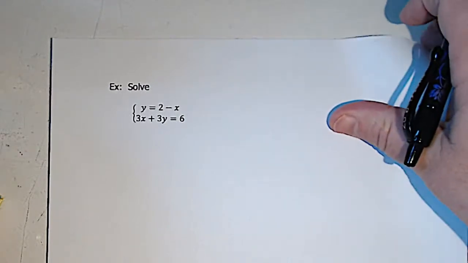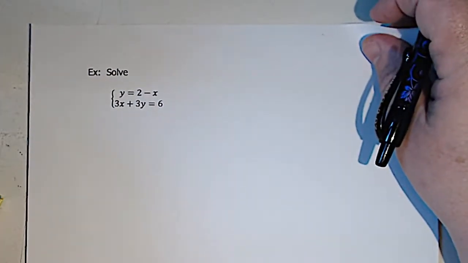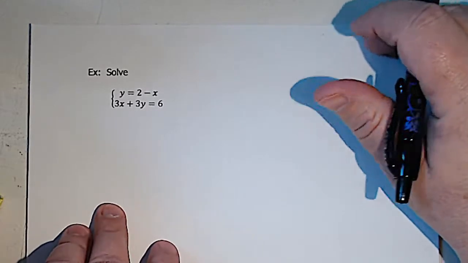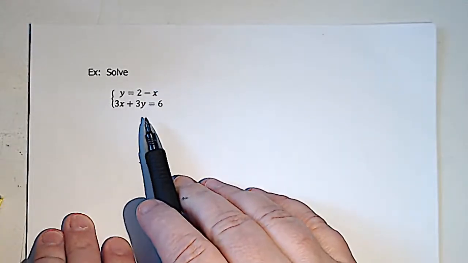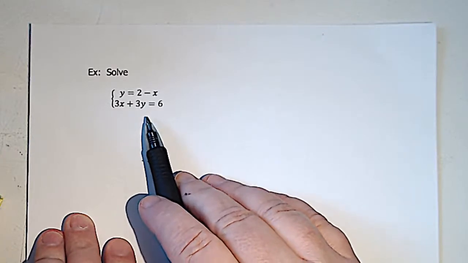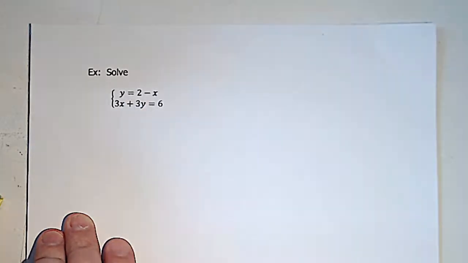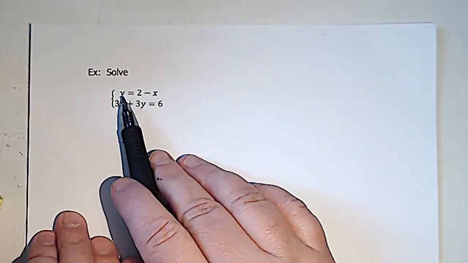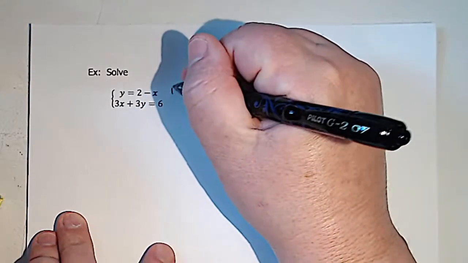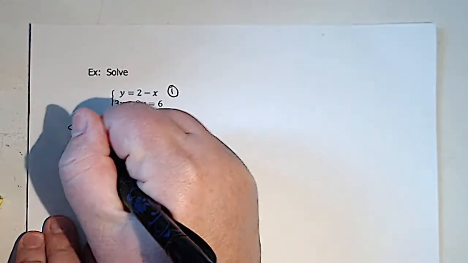So we are in the section on systems of equations with substitution. And as always, if you get to a problem which suddenly seems too easy, you should be very concerned. So this one does seem pretty easy. I've already got the first equation solved for y.